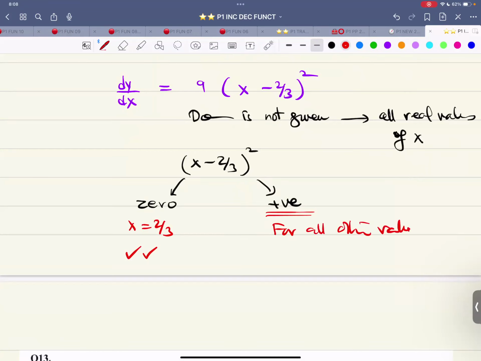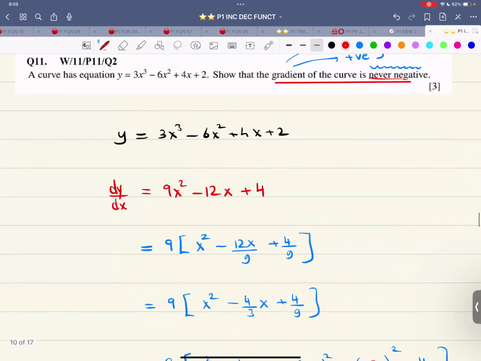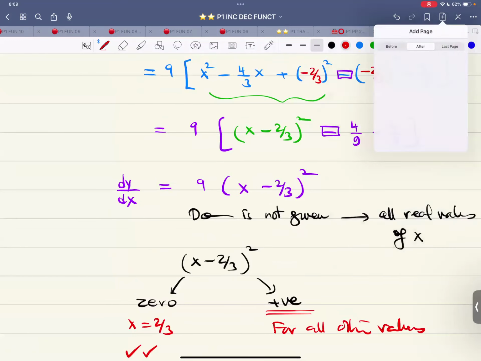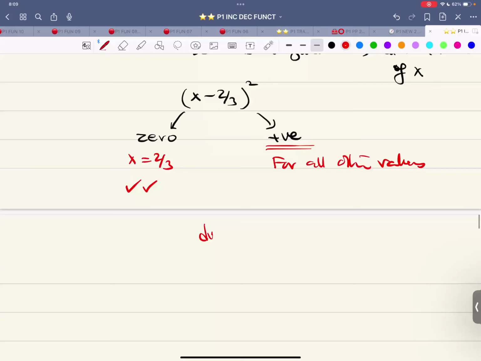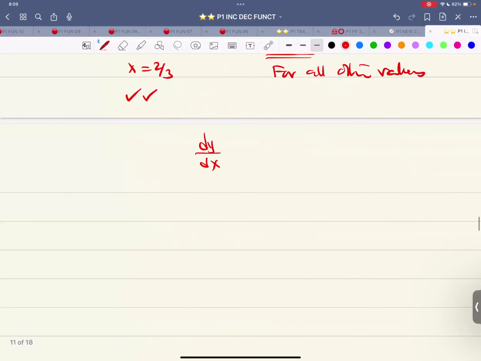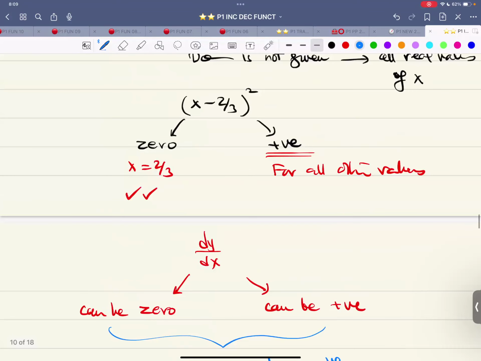Now, the question is not about increasing, decreasing. The question is about show that the gradient of the curve is never negative. That means, because this 9 is multiplying, which is also positive, dy by dx can be 0, dy by dx can be positive. In other words, dy by dx can never be negative. So far, so good.